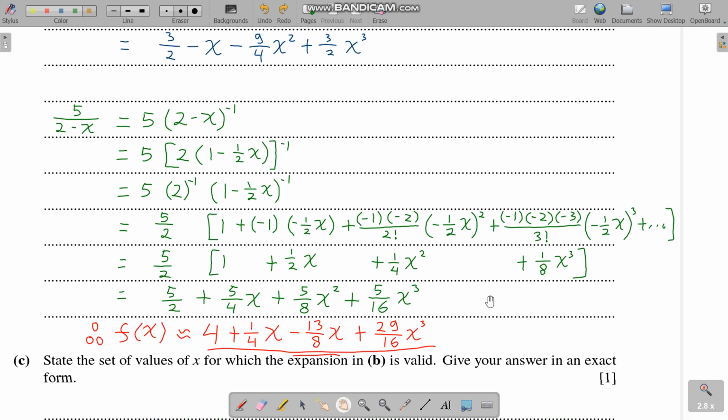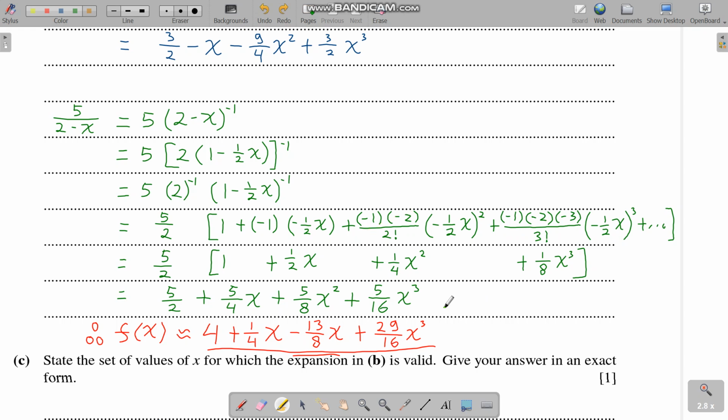Okay, now we simplify. Plus 1/2 x, and all cancel out, plus 1/4 x squared, all cancel out with the negative, but the negative cancel out with this negative later, so it's positive, and we have 1/8 x cubed.